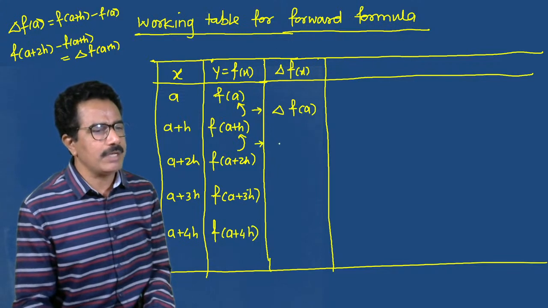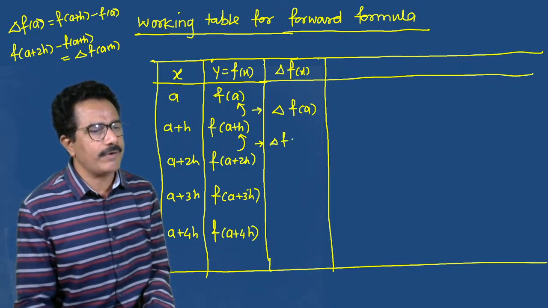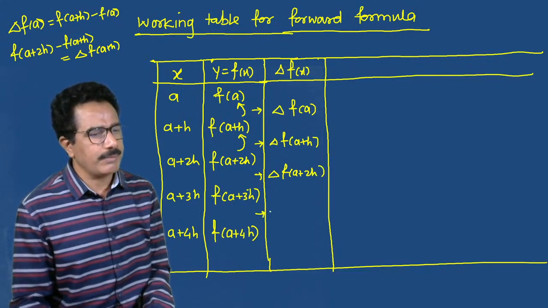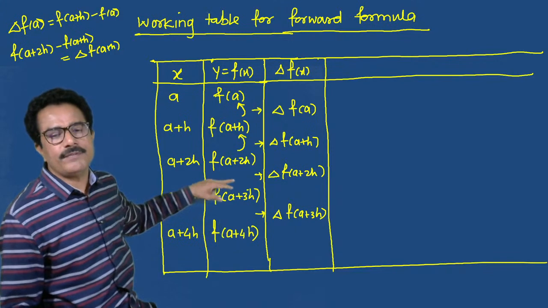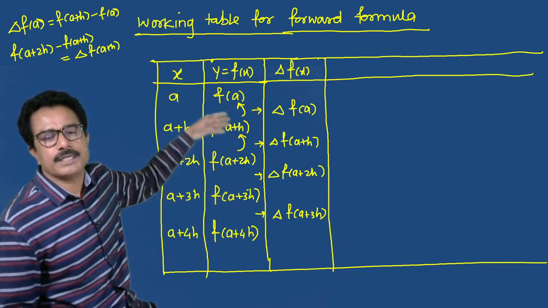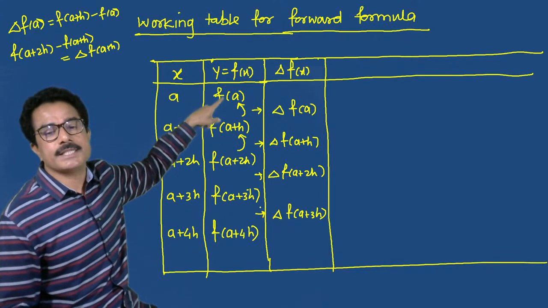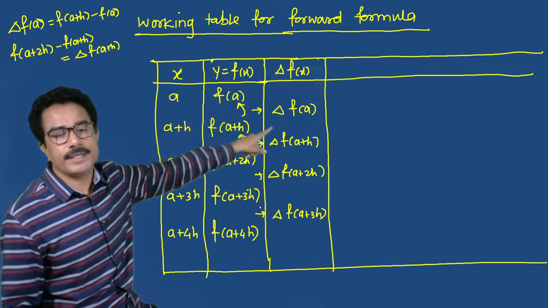So the middle value gives delta f of a plus h. It is also denoted by delta f of a plus 2h, and delta f of a plus 3h. These are the first differences. That means subtract the first from the second each time, and the difference of the first term gives delta f of a, this is the first.